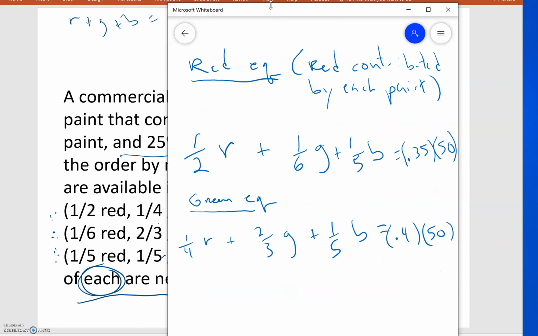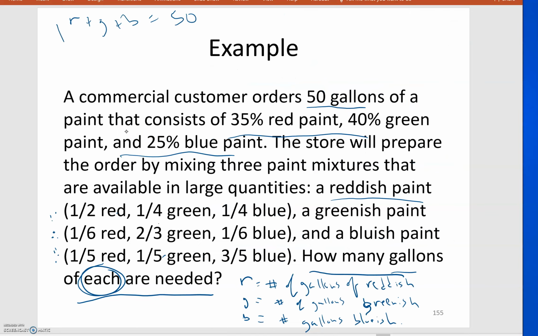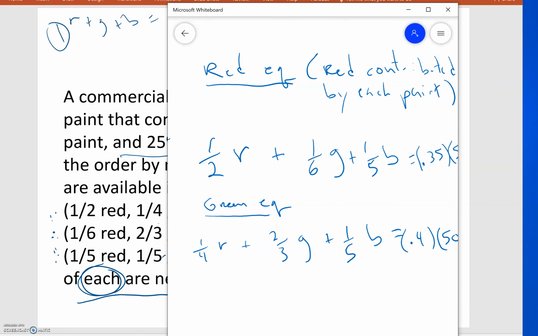Now, here's where you might get a bit confused, because you might just say, okay, I'll just keep on writing equations. But I want to point out that we actually have 1, 2, 3 equations now, and we have 3 equations and 3 variables.